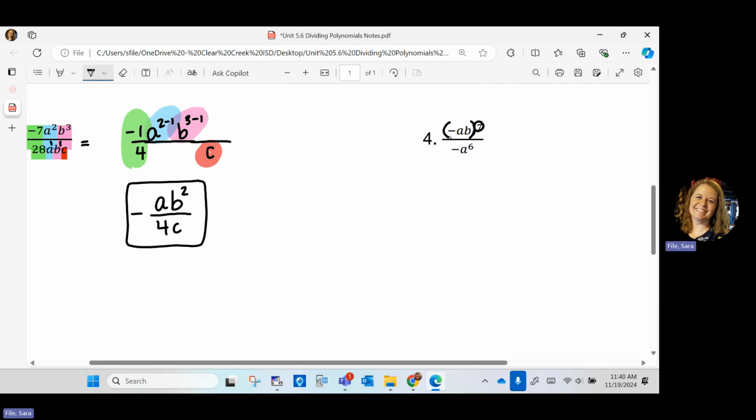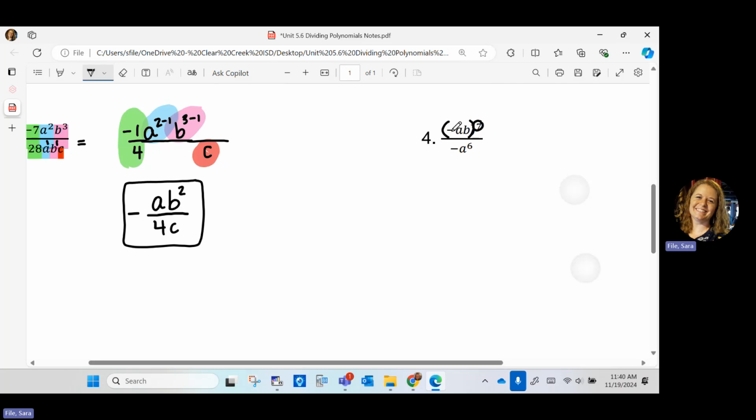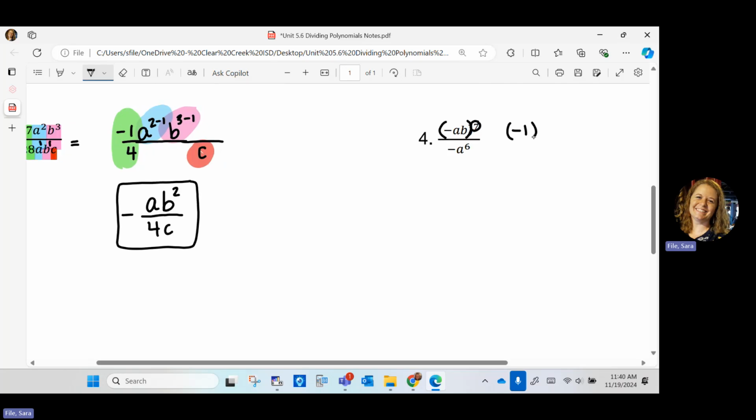So first of all, this negative is an understood -1. Okay, so really there's a -1 getting the power of 7. There's A getting the power of 7. And there's B getting the power of 7. Okay, they all get the power of 7 because they were all in parentheses raised to the power of 7.